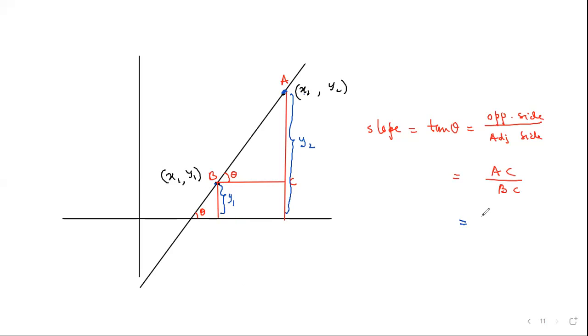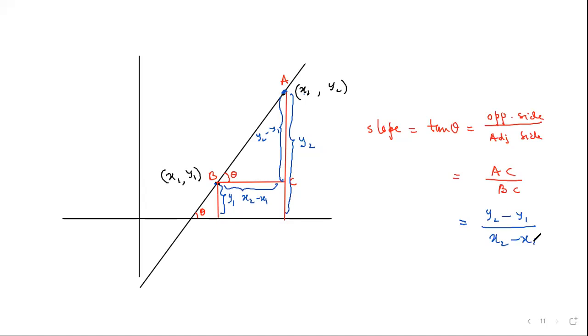So AC will be y2 minus y1. Similarly, this will be x2 minus x1. So slope will be what? Difference of the y coordinates divided by difference of the x coordinates.